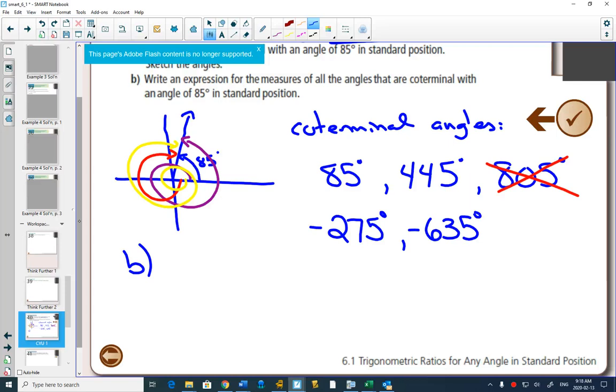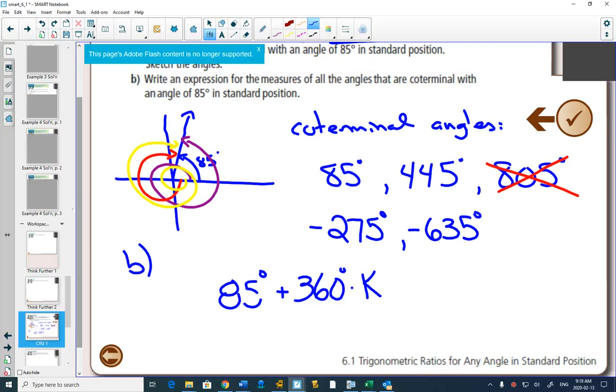And so the way that we show this is we say, I'm going to start with 85 degrees. I'm going to add 360 degrees as many times as I want. So I'm going to multiply it by k. And I need to define what k is, because I can add 360 once, I can add 360 twice, 3, 4, 5.